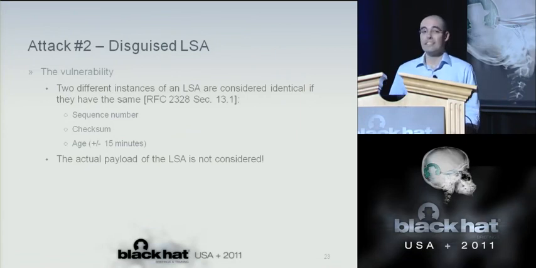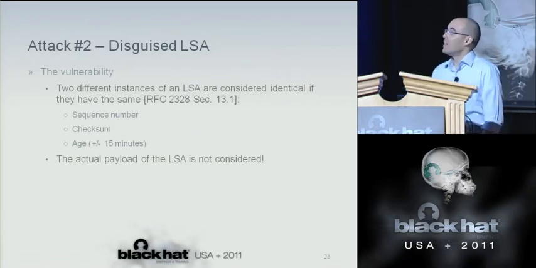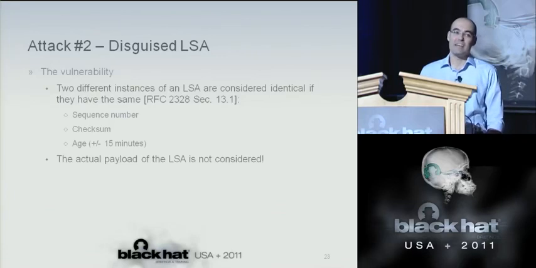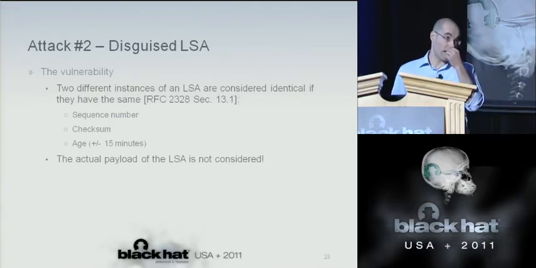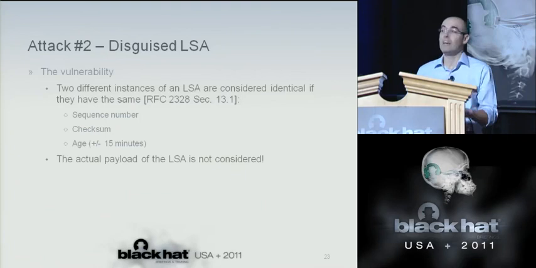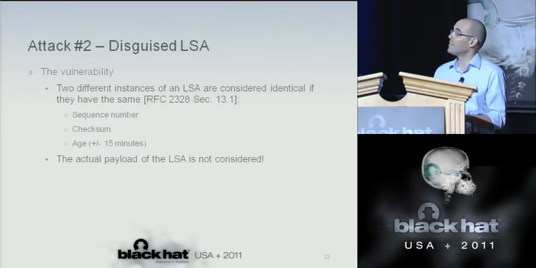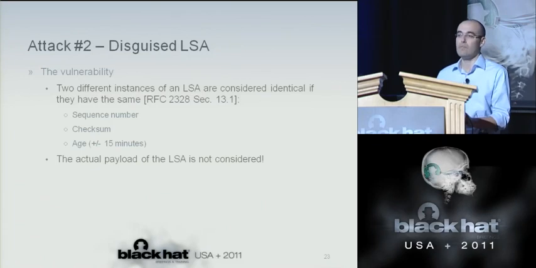Here, the vulnerability is as follows. Two different instances of an LSA are considered identical by the router if they have the same exact fields: the sequence number, checksum, and age, where the age has a plus or minus 15 minutes range. And the actual payload is not considered.